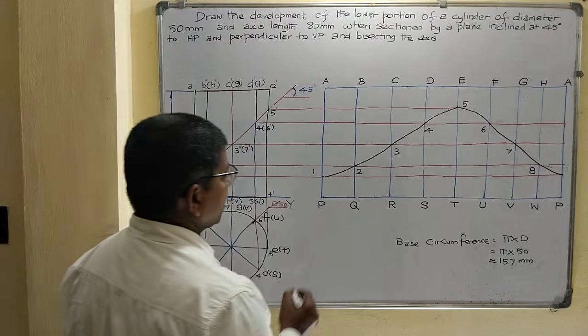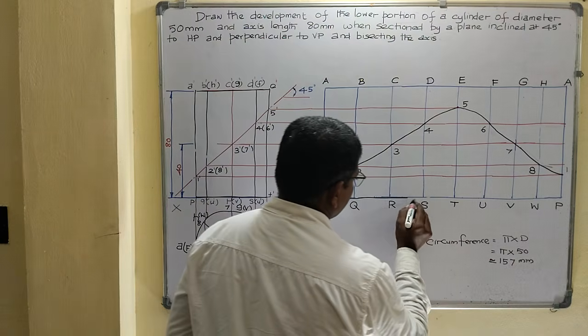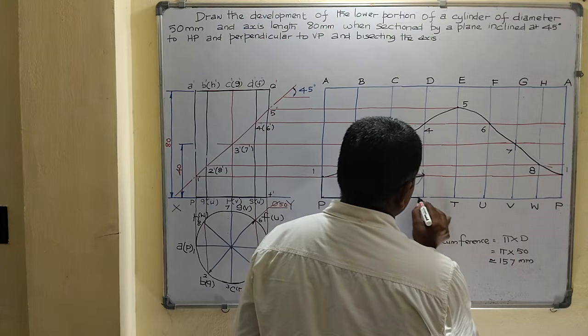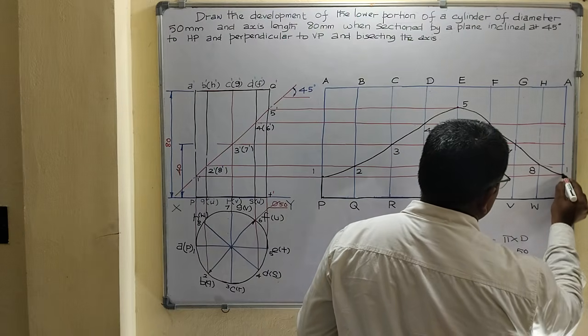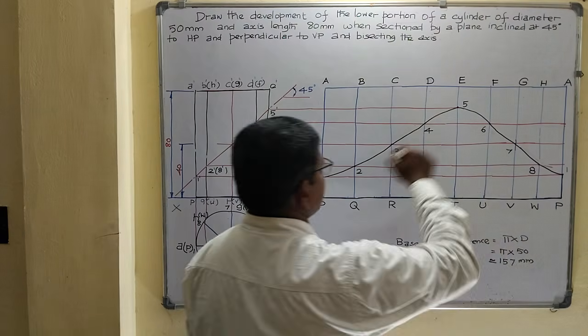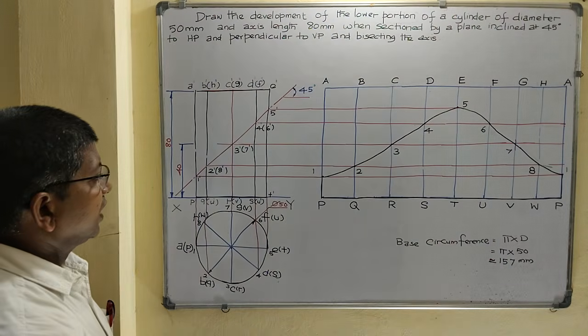Now the required portion. This is our required portion. Using an H pencil, dark the required portion. The top portion is removed, and the remaining portion is our required portion.